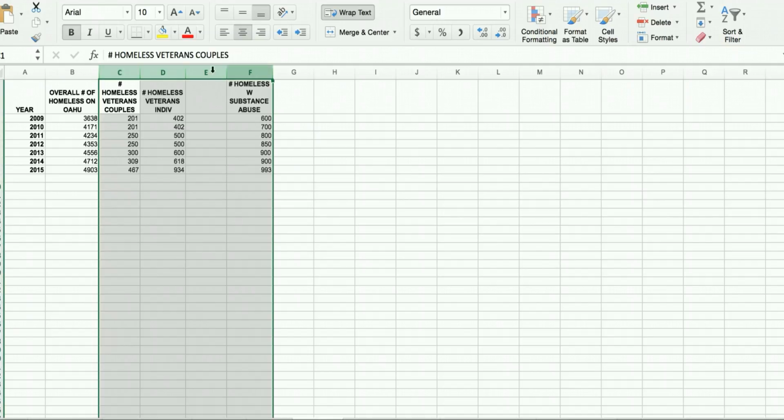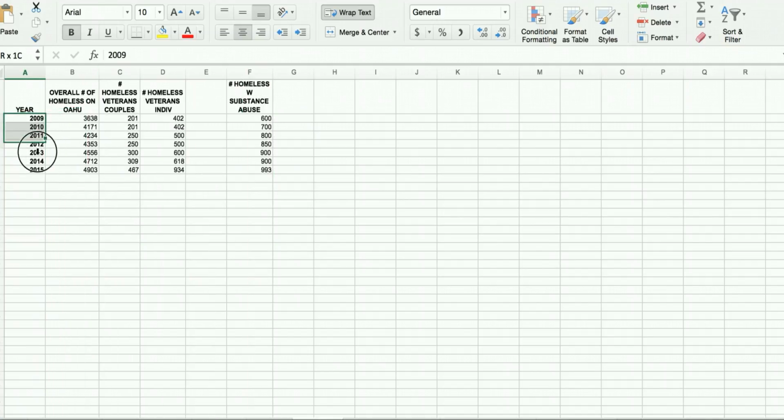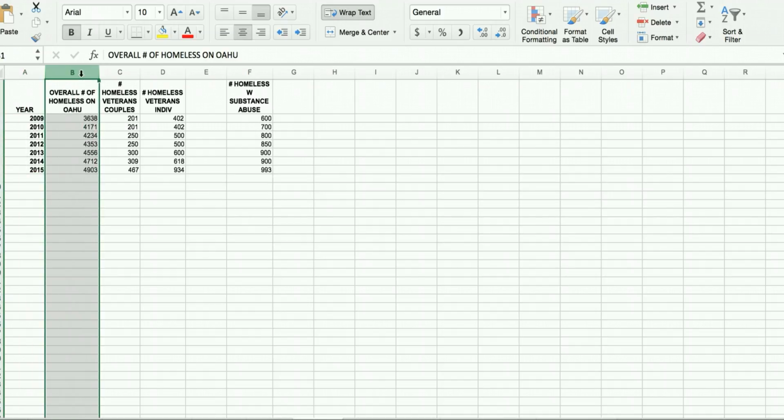This is a time series set of data here. And what I want to know is the relationship between the total number of homeless and homeless veterans or homeless people in substance abuse programs.